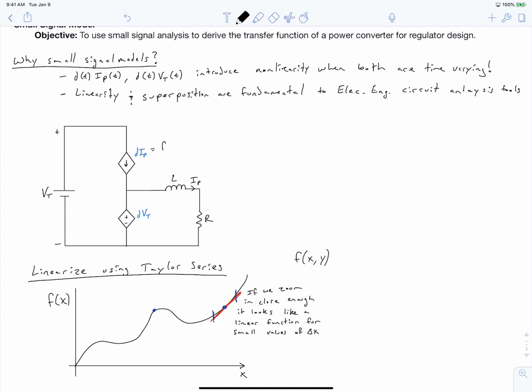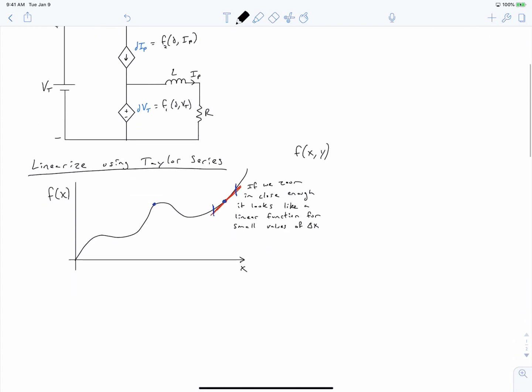Our current source is a function of our duty ratio and our pole current, and our voltage source is a function of our duty ratio and our throw voltage. So if we look at the Taylor series expansion for a two-variable expression about a bias point of (a, b), we find that it can be expressed as follows.